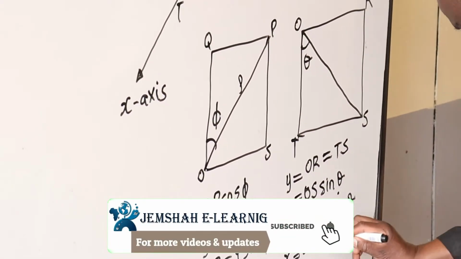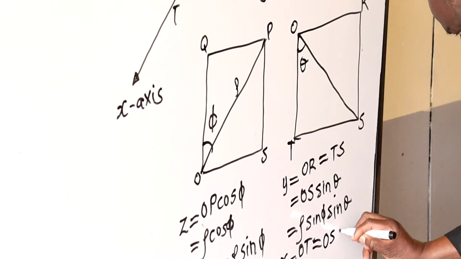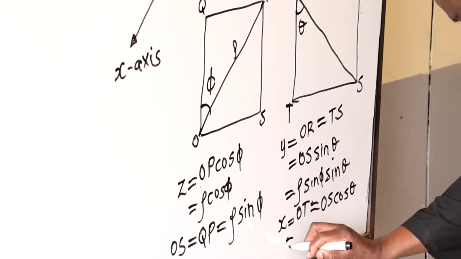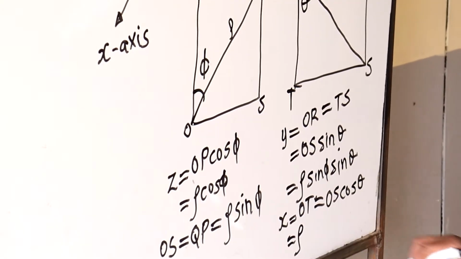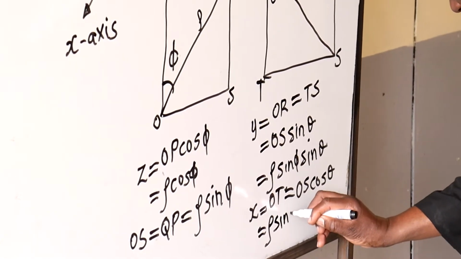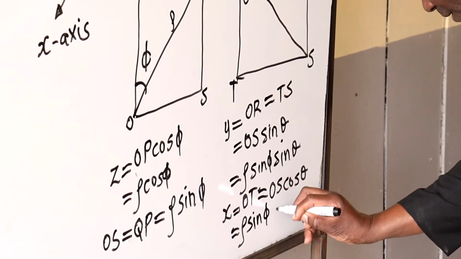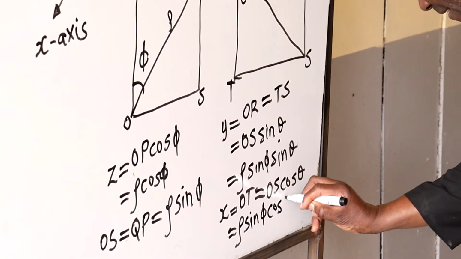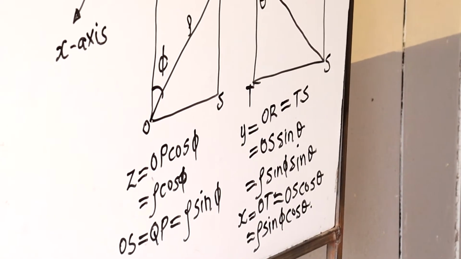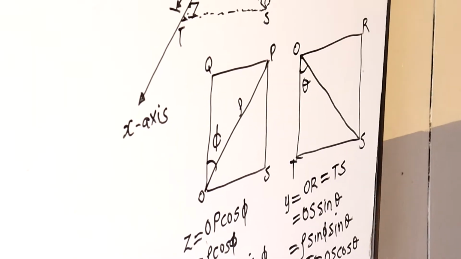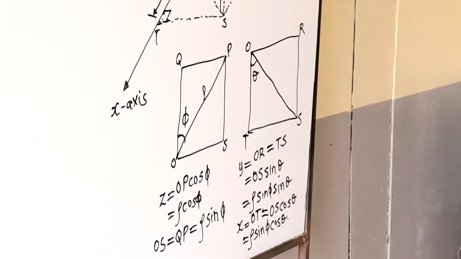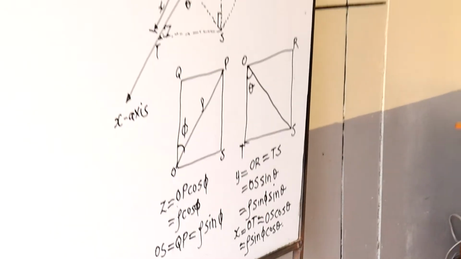So it will be OS cos theta, which is just rho sine phi cos theta. By doing this, we have been able to convert the rectangular coordinates into spherical coordinates.